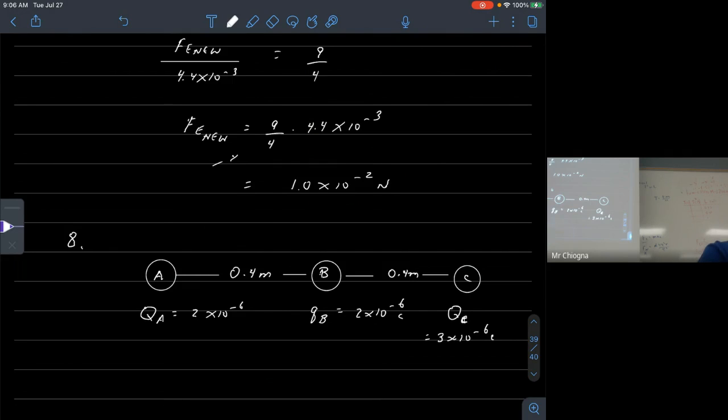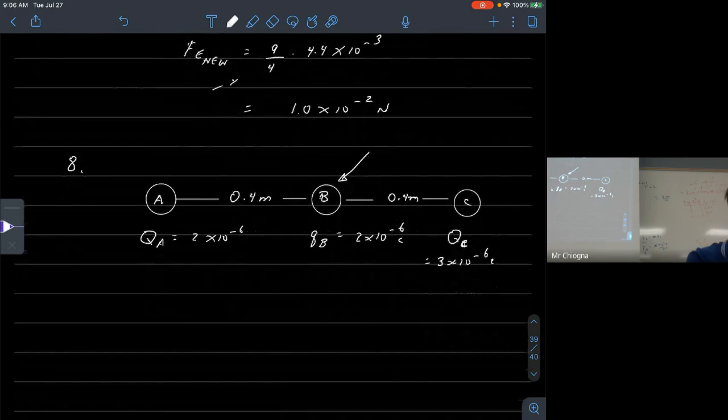Okay, so we need to find the net force on this charge here, B, the center. What's the net force? So let's take a look. This is B here. That point represents B. And we need to first of all ask ourselves, what's the force on B due to A?